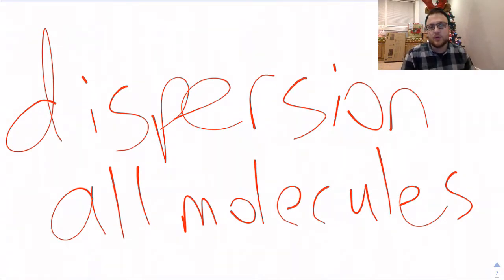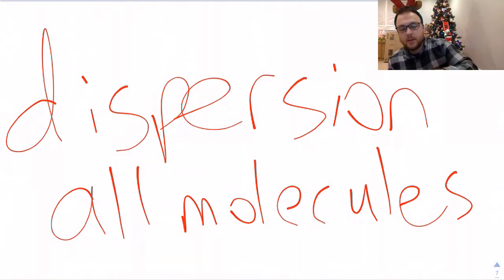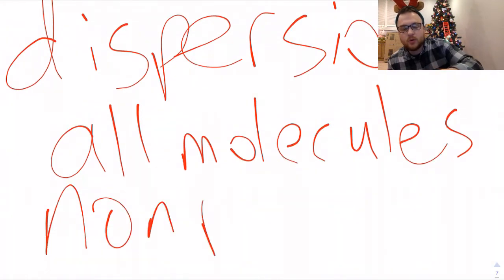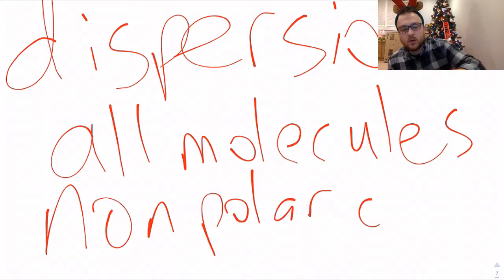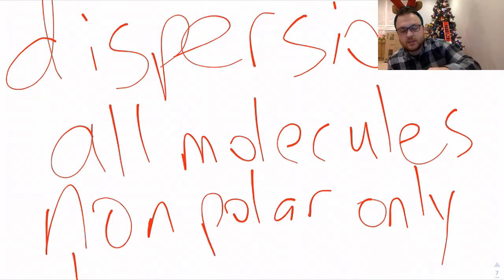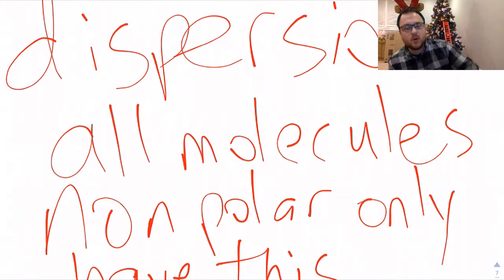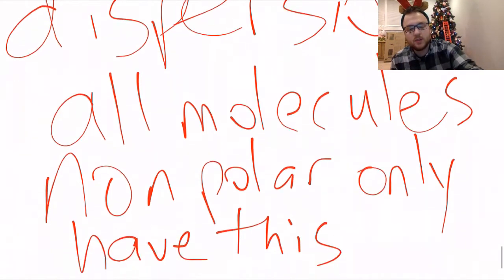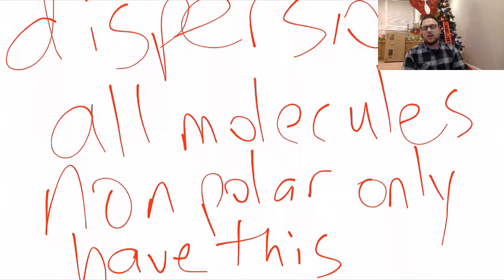But nonpolar molecules only have this. Meaning of the four we're going to go over tonight, I said it the other way, nonpolar only have dispersion forces. That is the only IMF that exists between nonpolar molecules.